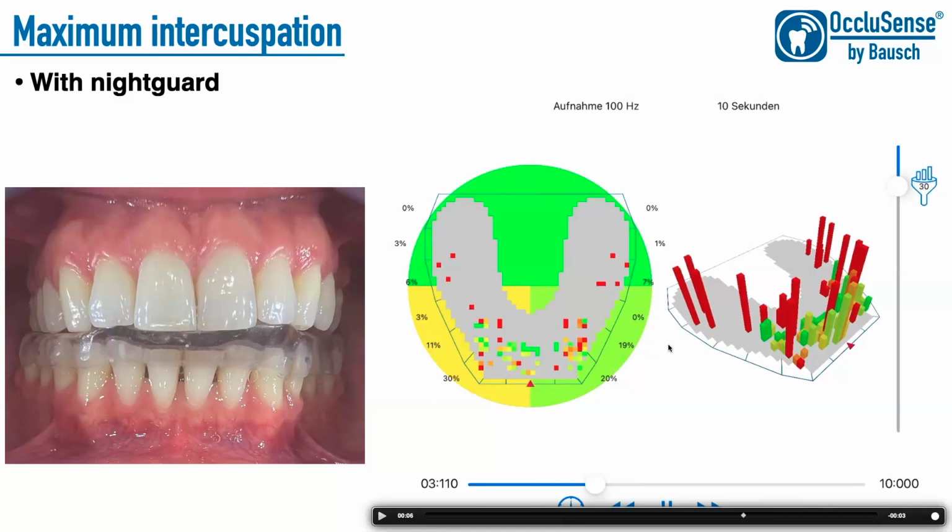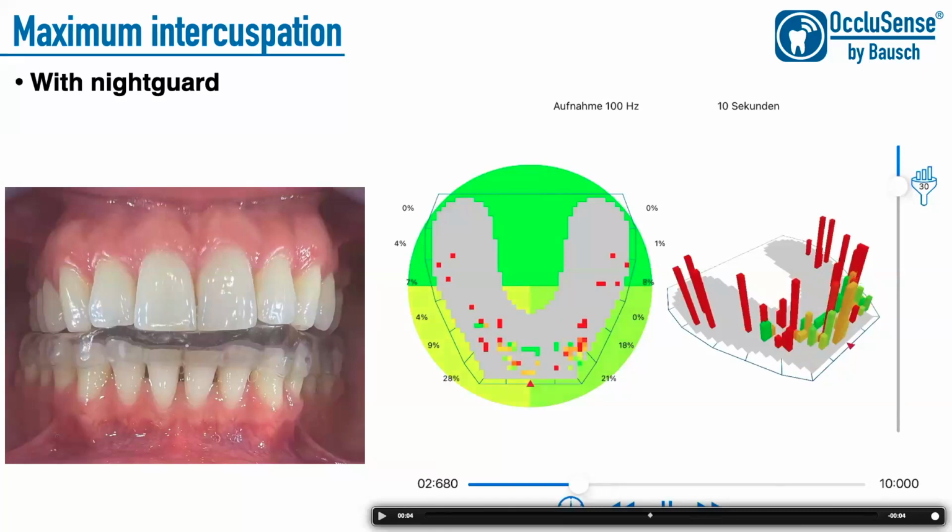And this is in fact what we did when we checked the occlusion in a standard manner with shim stock foil before releasing our patient. You see roughly an evenly distributed occlusion all around. And when this patient reintroduced herself and we then checked with OccluSense, we realized, wow, so this is what we see with occlusion papers and foils, roughly evenly distributed occlusion everywhere.